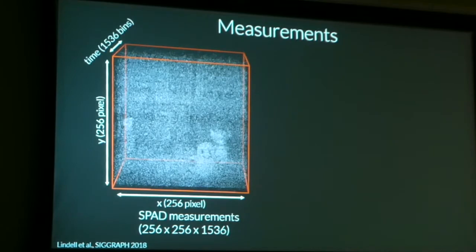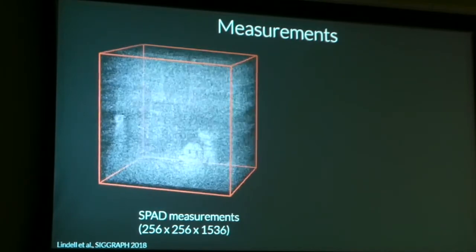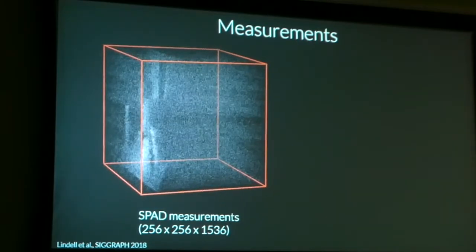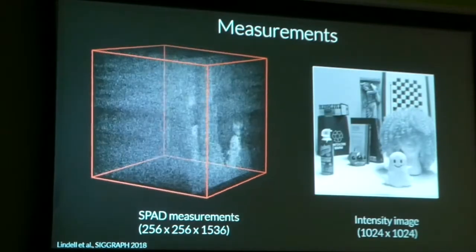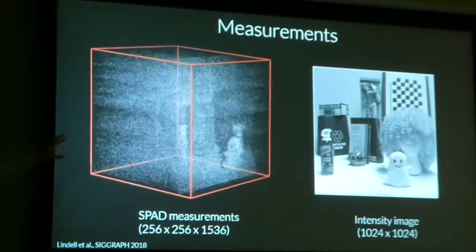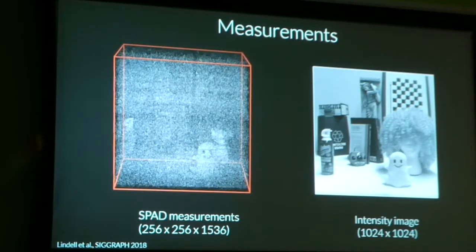So on the left here is an example of measurements that we captured with our LiDAR system, and this is a conventional image of the scene. The white dots that you see in this 3D volume are the photons that are arriving over time, time being the depth dimension. And you can kind of see the structure of the scene, but that's mostly due to the ambient light. So we're getting photons arriving uniformly over time just from ambient light, and that allows us to kind of see the structure of the scene.